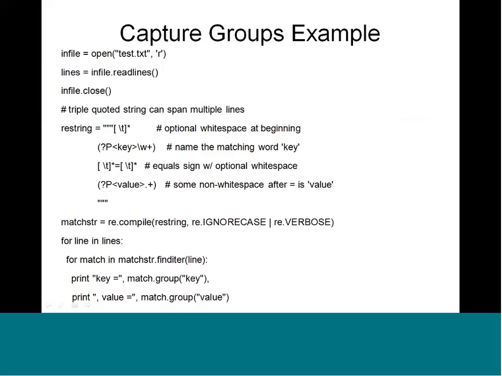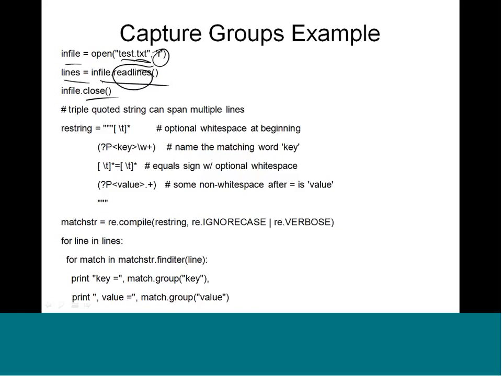Again, we define an in file where we open test.txt as read only, and then we define all the lines, where we read the lines using the readlines method for the in file, and then we close that file.